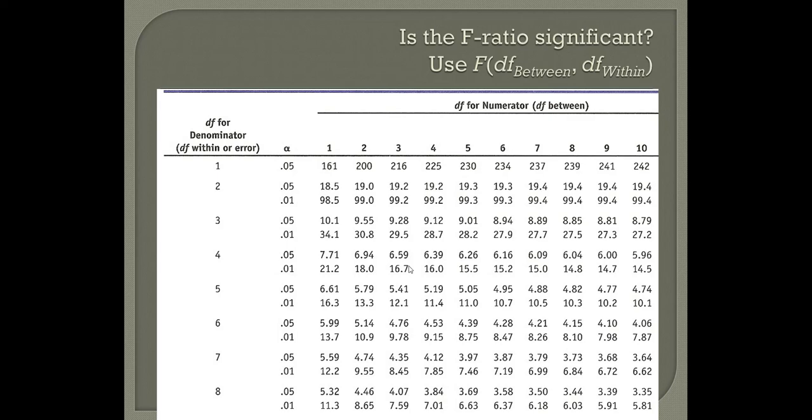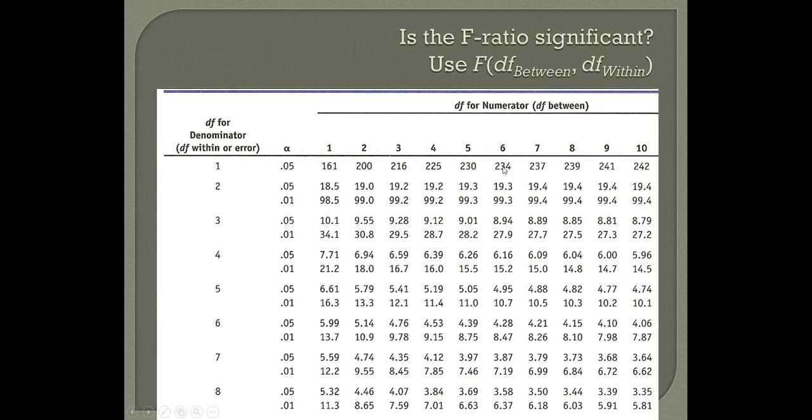So in the olden days, we'd look it up in a table like this and see, okay, with how many degrees of freedom for error and how many degrees of freedom for the effect or numerator, do we have a significant F ratio?